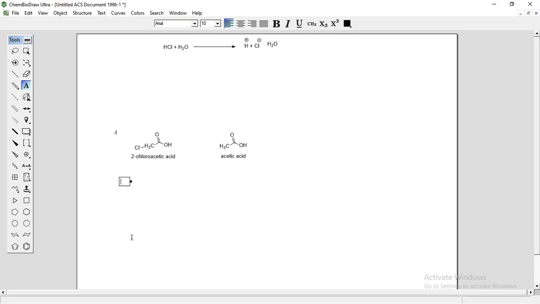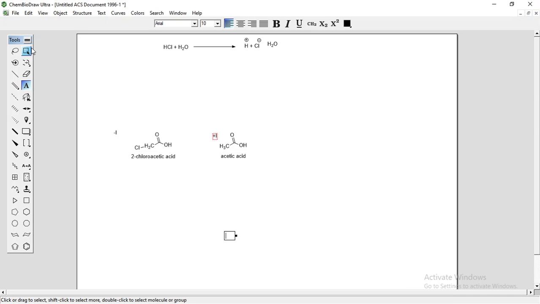Chlorine, having this minus I effect, stabilizes the ClCH2COO minus ion more effectively, while in acetic acid the methyl group shows plus I effect, that is electron donating inductive effect. Hence it destabilizes the anion, that is CH3COO minus.